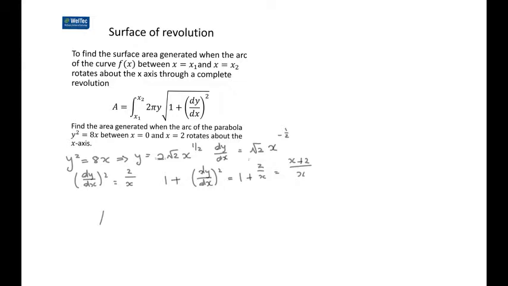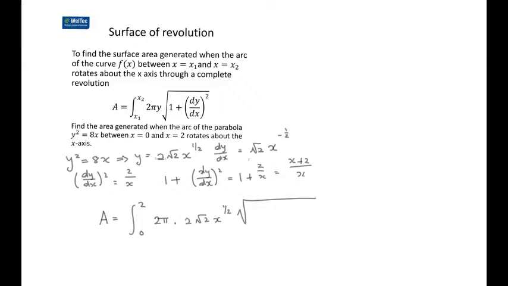The surface area for an arc being rotated around the x-axis in a complete revolution between x equals 0 and x equals 2 is going to be 2 pi times y, which is 2 root 2 x to the half, times the square root of 1 plus the derivative squared.